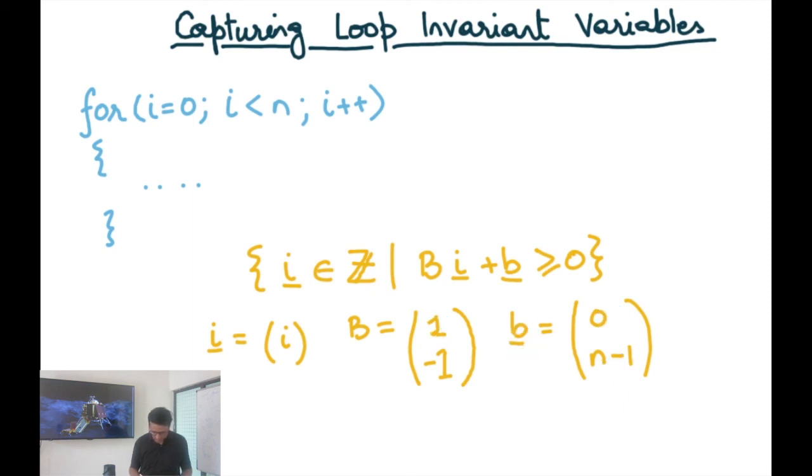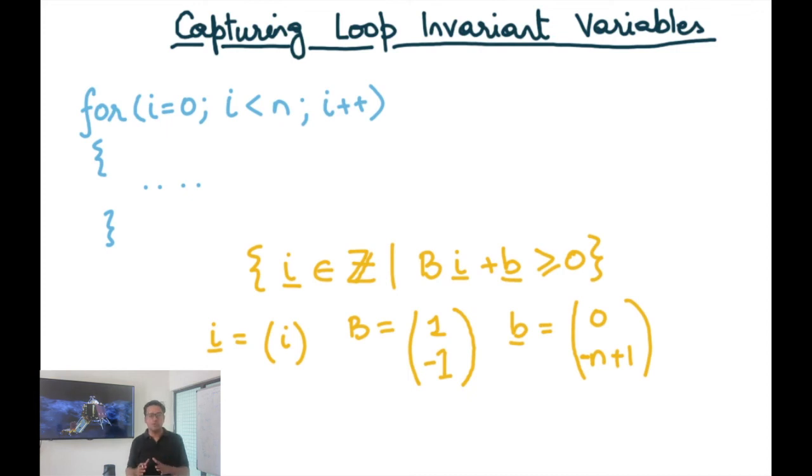So the first row is going to say i is greater than or equal to 0, and the second row is going to say minus i is greater than or equal to n minus 1, which basically translates to i is less than or equal to n minus 1. Probably I should have said minus of n plus 1, and that would basically translate to i is less than or equal to n minus 1.